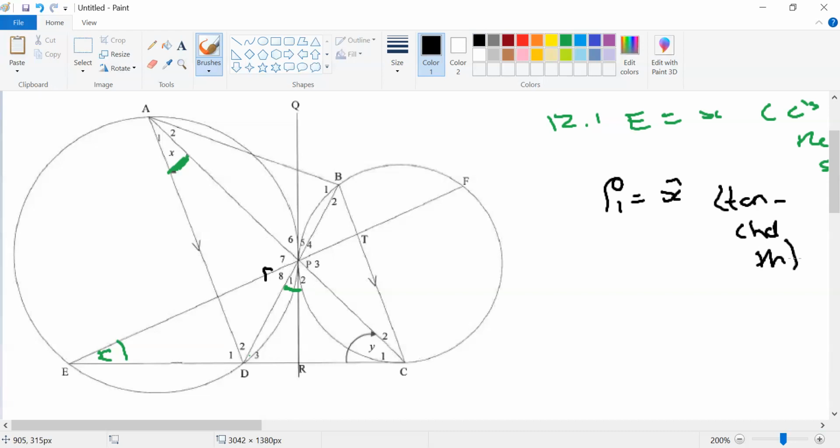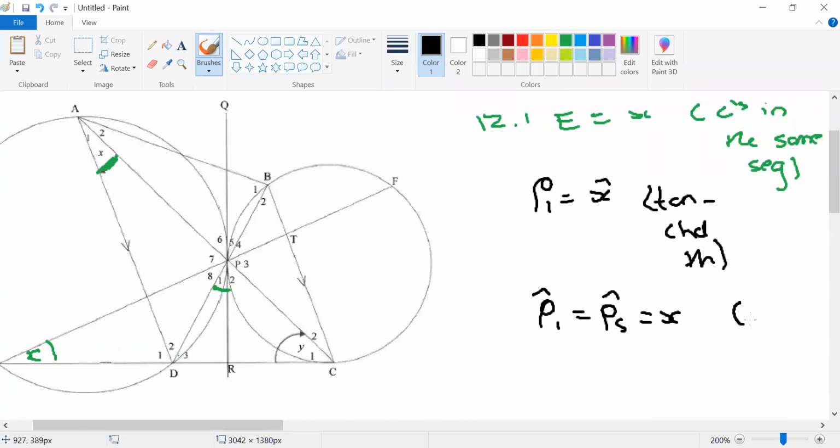So if we had to identify anything else equal to that, we can notice that P1 and P5 are vertically opposite. So we know that P1 is equal to P5, and that's equal to X. The reason for that is they are vertically opposite angles.